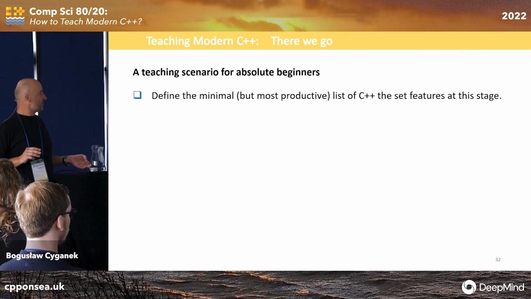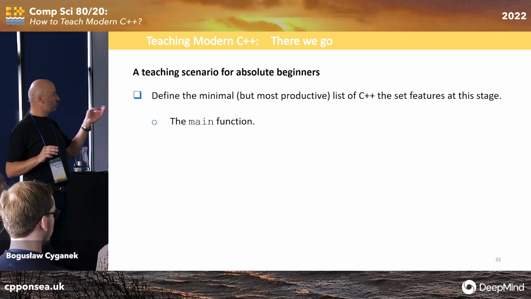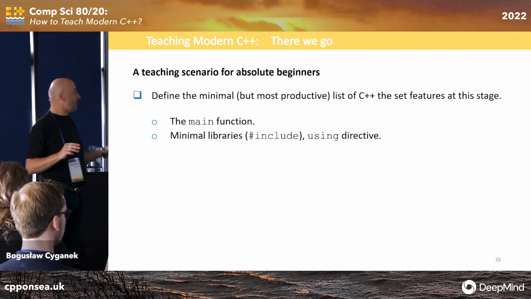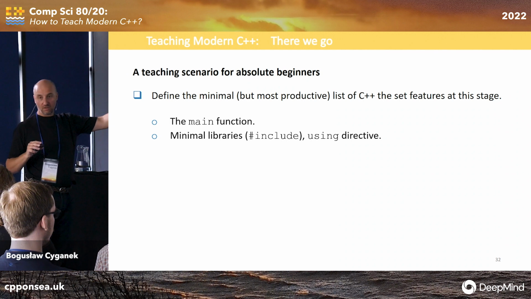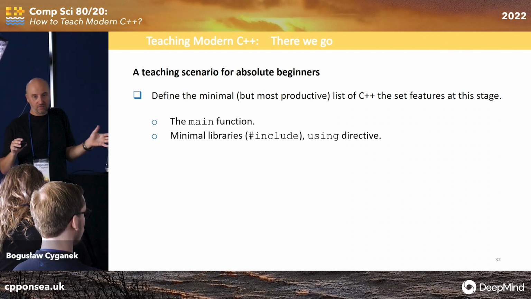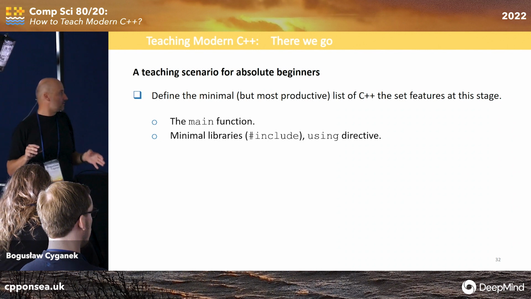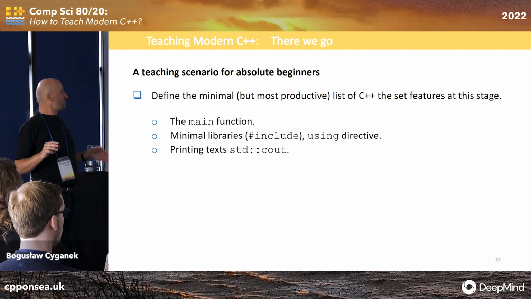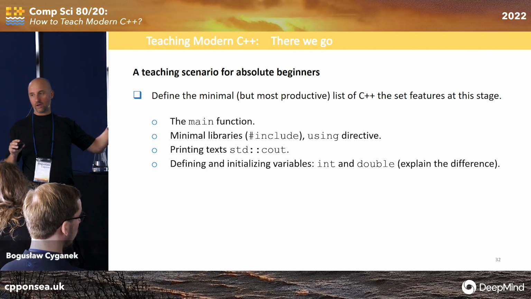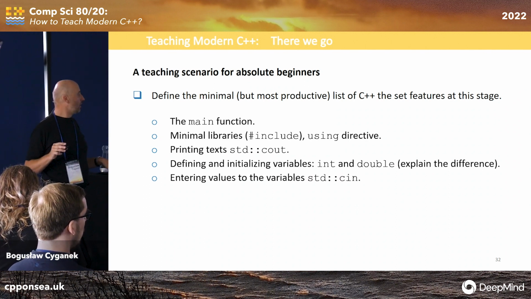And now the list of minimal but productive features. This is my 20/80. Main, libraries, the using directive, but not using namespace std; rather using std::cout and using std::vector. Printing with cout. Defining variables, where int and double are okay from the beginning.